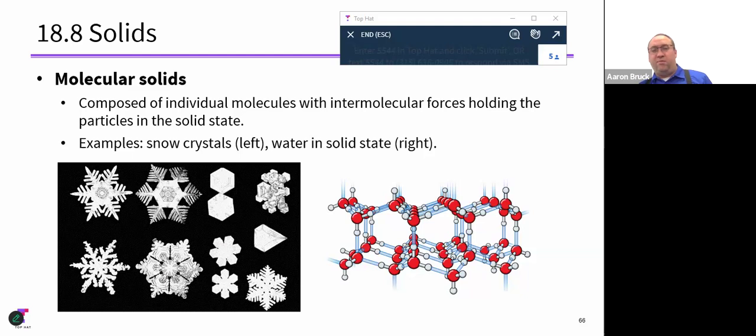A good example would be water: snow, ice crystals, where we have a solid composed of very ordered arrangements of molecular compounds. And the thing holding these molecular compounds in place are intermolecular forces. That's what a molecular solid looks like and how it's held together.